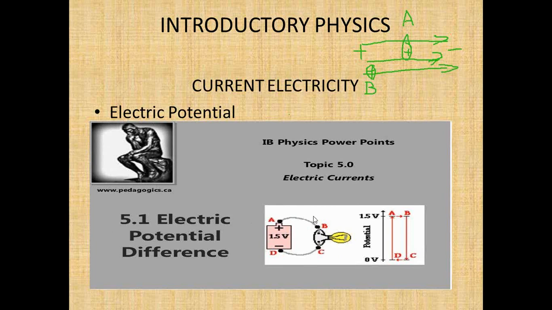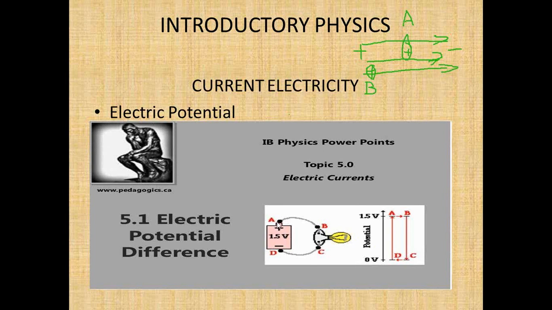So it's going to travel in this direction, and then it's going to light up the bulb, and then it's going to come back to your low potential terminal, because your positive test charge is going to be repelled from this, and it's naturally going to travel in this direction. Okay? All right? I hope you can see that. So that is what we were showing right up there.